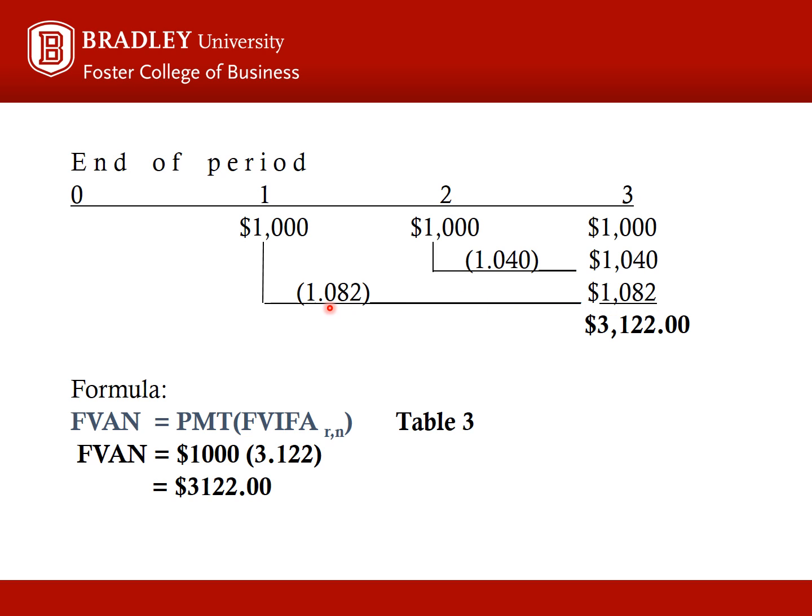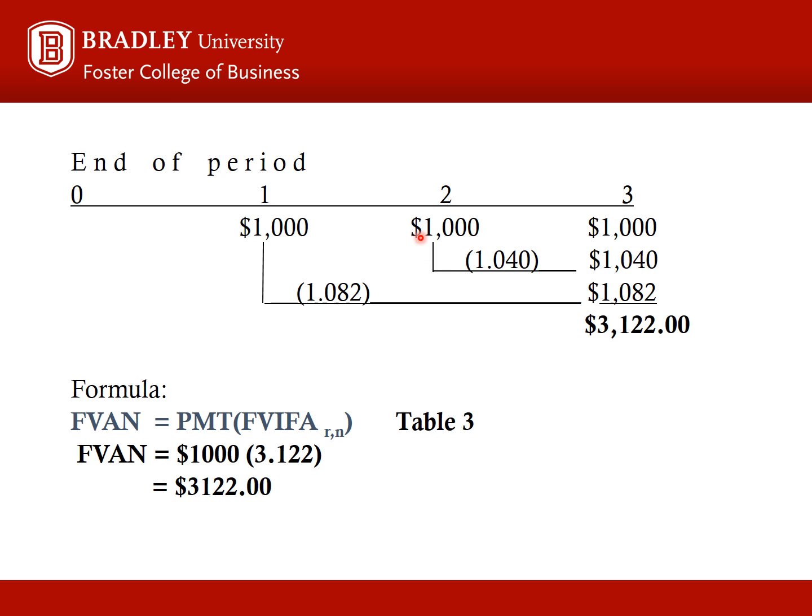So I can go to table 1 and look up 4% for 2 years. That gets us from the end of year 1 to the end of year 3. And you'll find the interest factor to be 1.082. So when you multiply, we find out that this $1,000 will be worth $1,082 by the end of year 3.